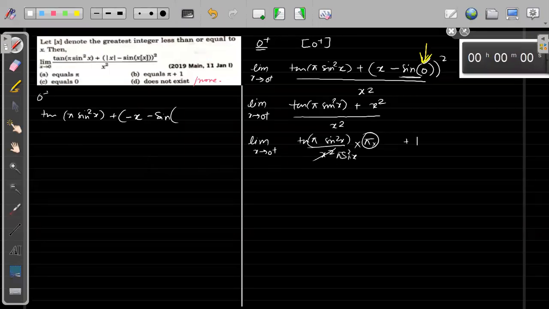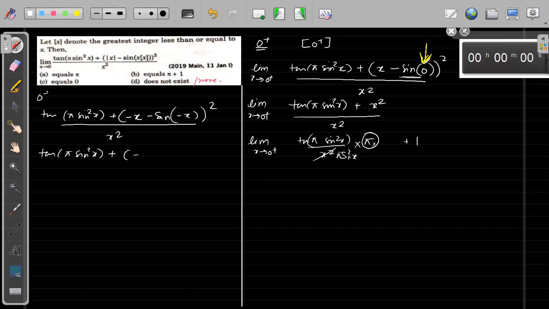Okay, so this is greatest integer of x, greatest integer of 0 minus. That means minus of something is minus x, so this will become minus whole square divided by x square, which will still remain the same. So this is tan of pi sine square x plus this is minus x, this minus will come outside, this will become sine of x whole square, divided by x square.